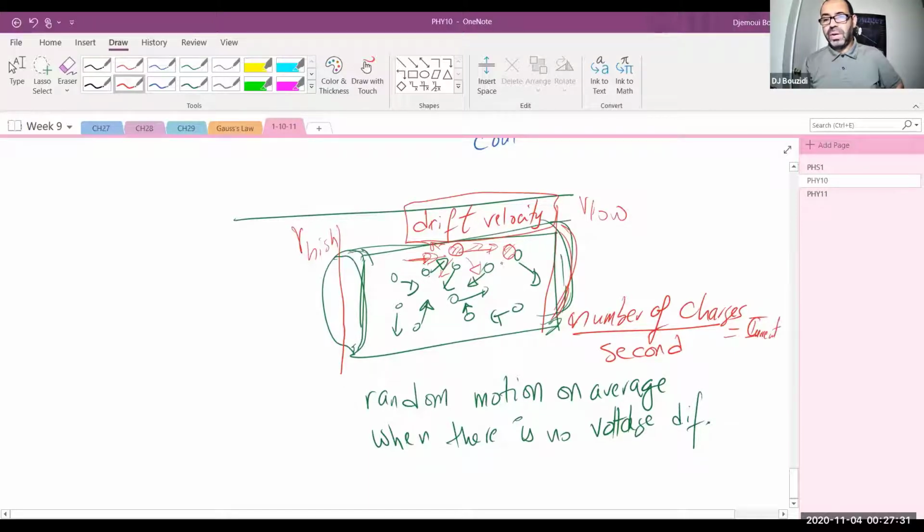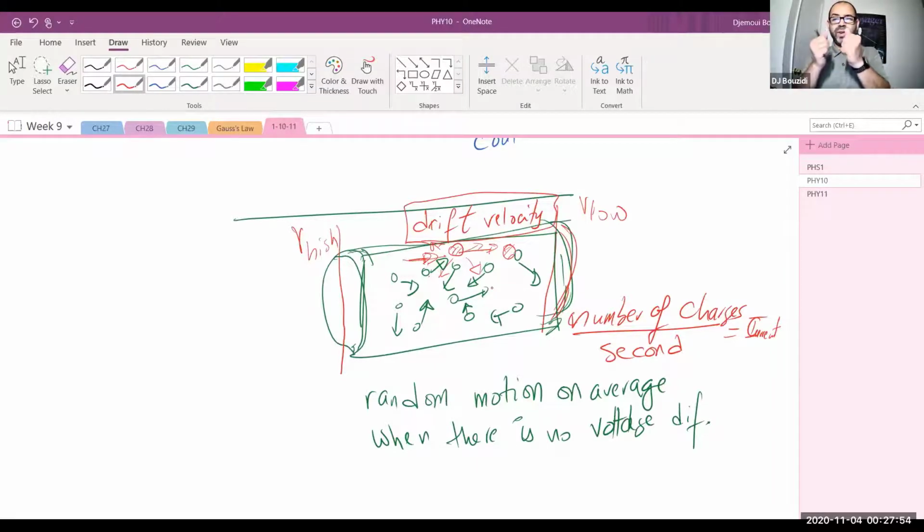These random collisions will determine how good the conductor is. If the time between collisions is very large, that means you can speed up a lot. But if the time is very short, that means that immediately after they accelerate, they slow down, they slow down, they slow down. So the time between collisions is a very important concept in trying to understand electricity, and that's what makes the difference between a good conductor and a bad conductor.